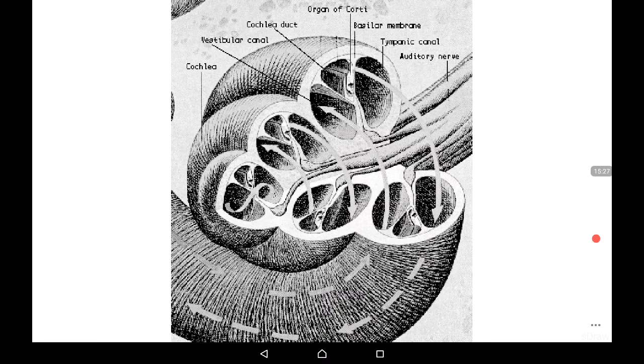So what we have again here, we have the tympanic canal, and we have the vestibular canal, tympanic canal, and cochlear duct. And here we have the organ of Corti on the basilar membrane.